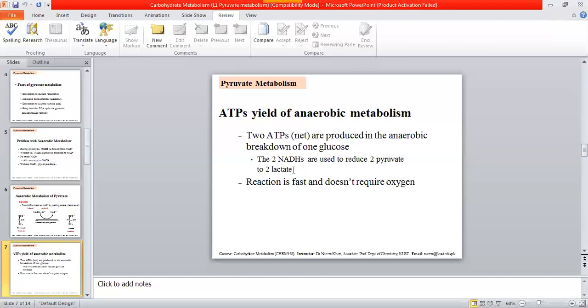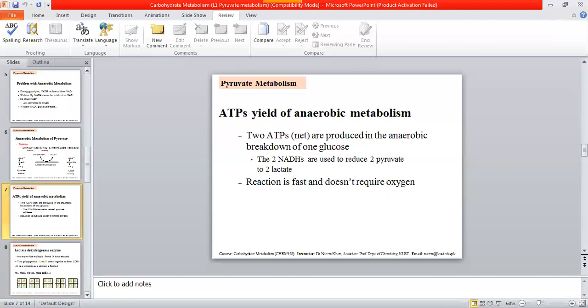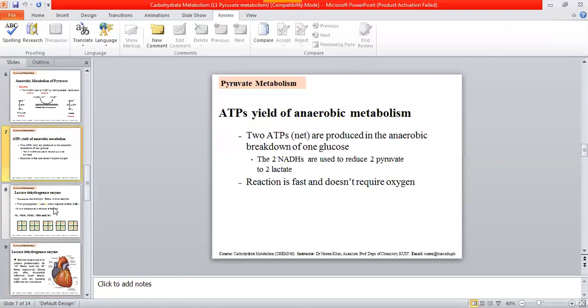So in the anaerobic metabolism of glucose, at the end we will have 2 lactic acid molecules and 2 ATP molecules. Yes, the reaction is fast and does not require any oxygen. Basically, it is an anaerobic reaction.